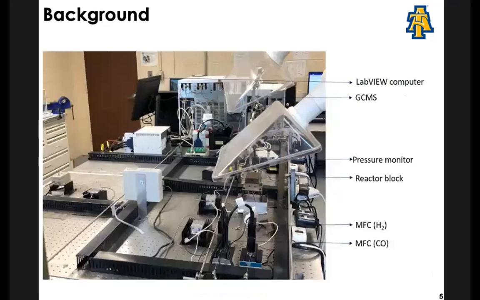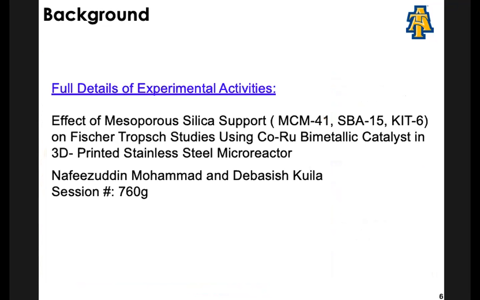So here is the lab setup, and this is how it is set up in the lab, having the various components, having the inlet and outlet flows of the two gases going through it. Then we have the LabVIEW computer. This is where the simulations are being done, and the setup is in Hanks Hall, and that's where the work was being done on a small scale.